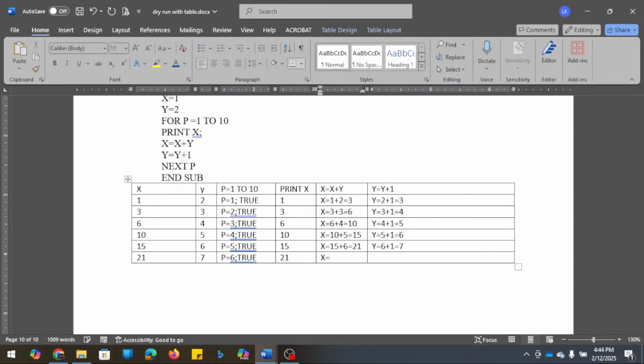X equals x plus y, 21 plus y 7, so 28. Y equals 7 plus 1, 8.